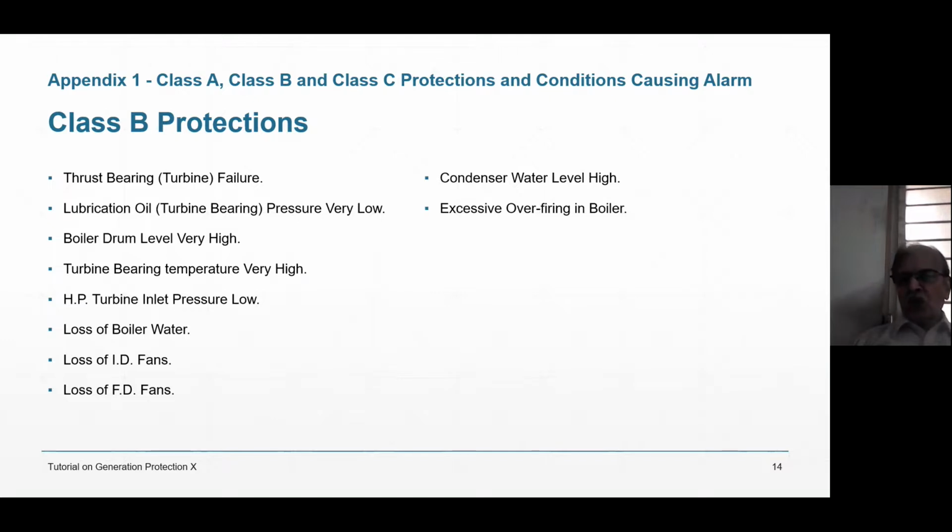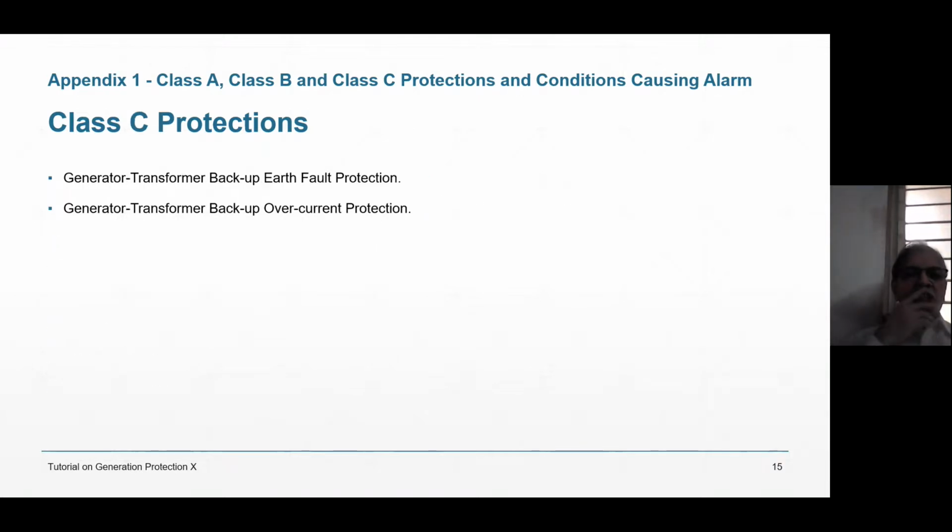In the condenser also, water level should not be high, because then it is not transferring heat. Excessive overfiring in boiler means the temperature in the boiler is very high, you are overfiring the boiler. This is also purely a mechanical reason, but operation is electrical, class B protection. So this list is very interesting.